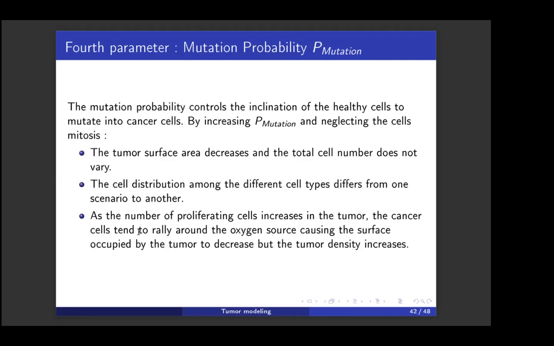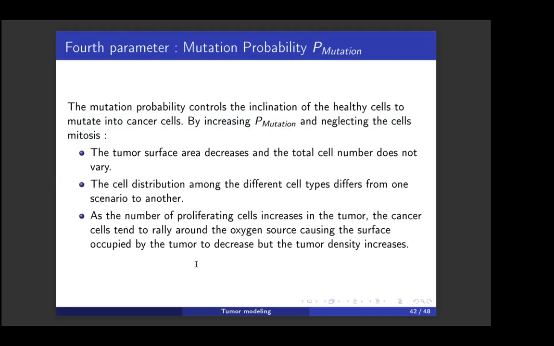By neglecting the mitosis, the tumor surface area decreases and the total cell number doesn't vary, but the cell distribution among the different cell types differs from one scenario to another.